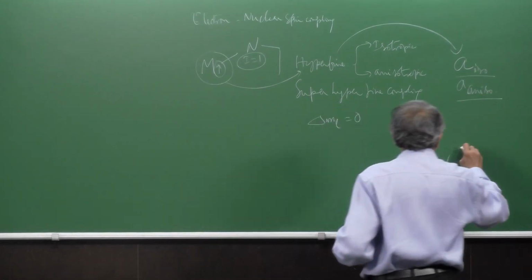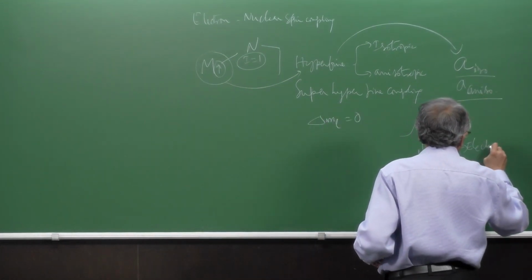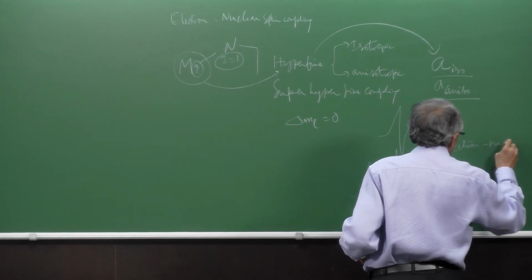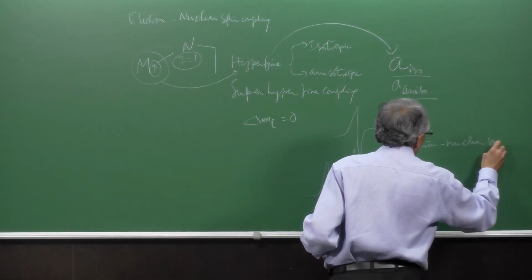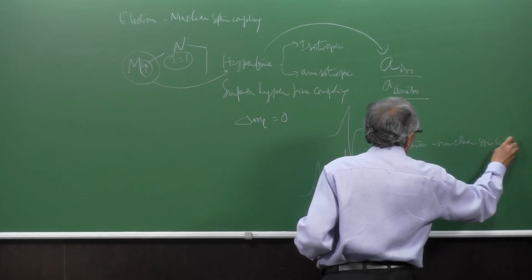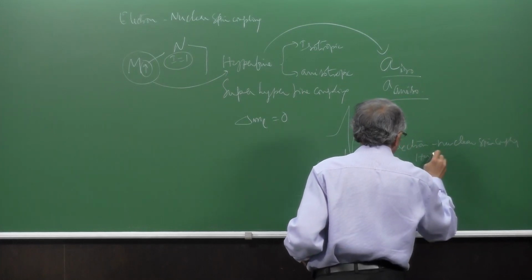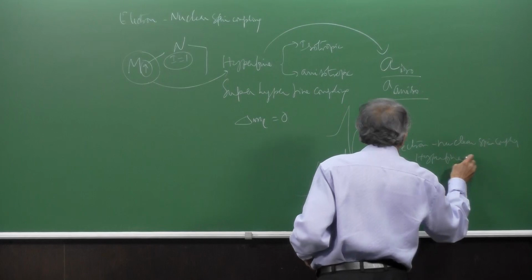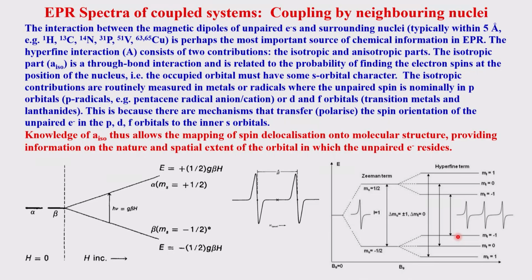This is because of the electron nuclear spin coupling, so it is also called hyperfine. If the electron is present in the same nucleus, then it is hyperfine. If it is present at an atom that is connected to that, then it is super hyperfine interaction.